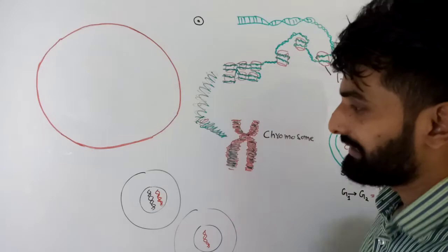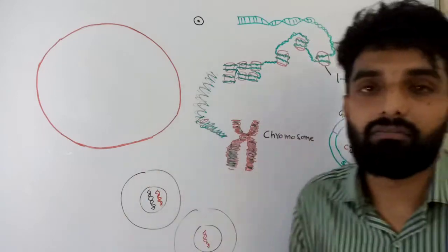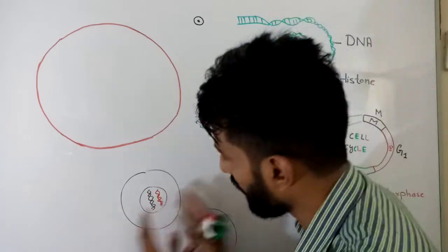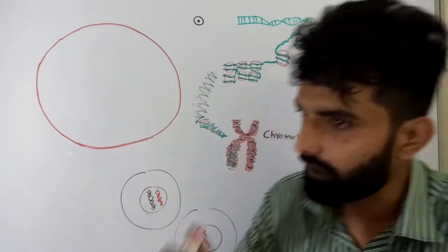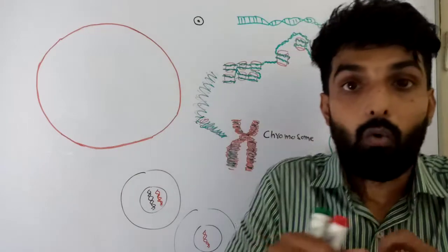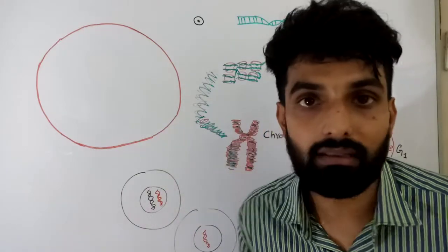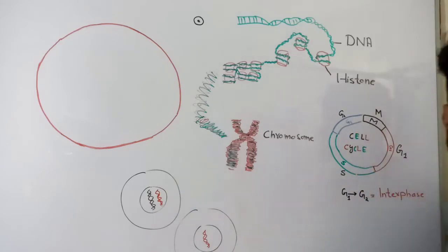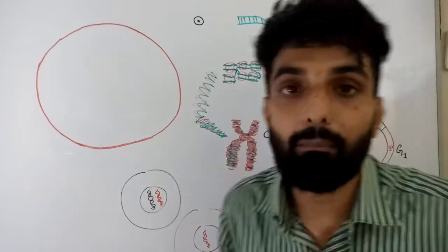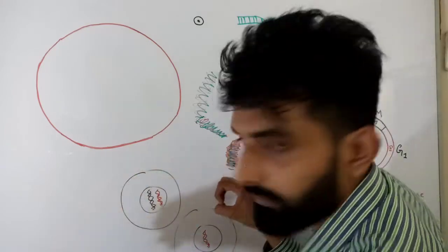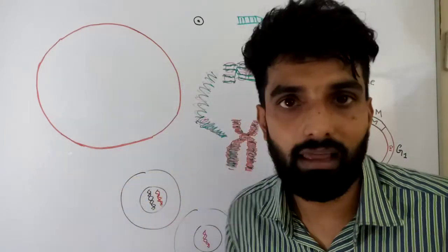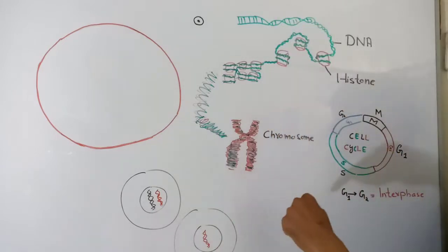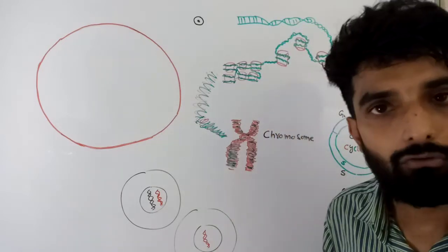And when the cell is preparing itself for the division of the cell, nuclear material, chromosomes, and cytoplasm, we will say that the cell is in G2 phase. It is preparing itself for mitosis. Mitosis is basically division of a cell into two cells. But when it is preparing itself for mitosis, we will say that it is in G2 phase.